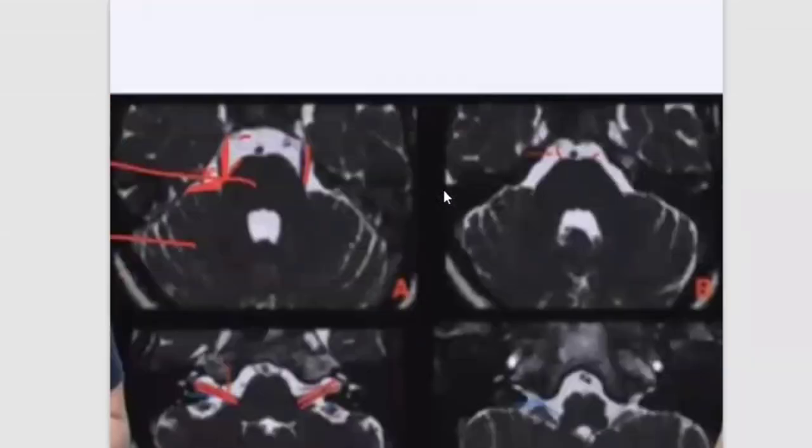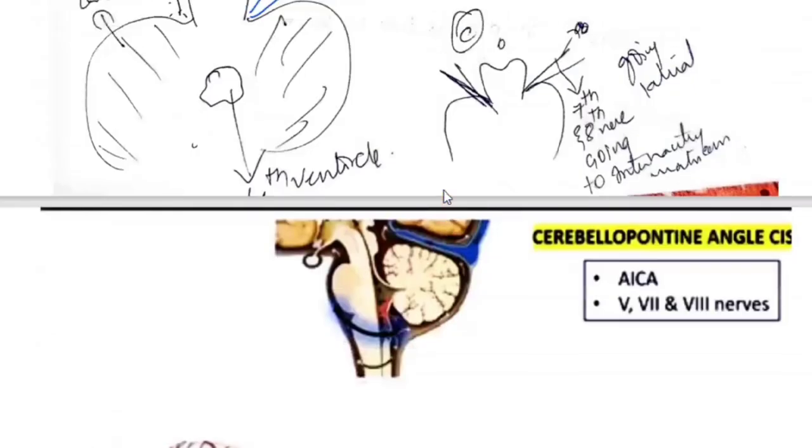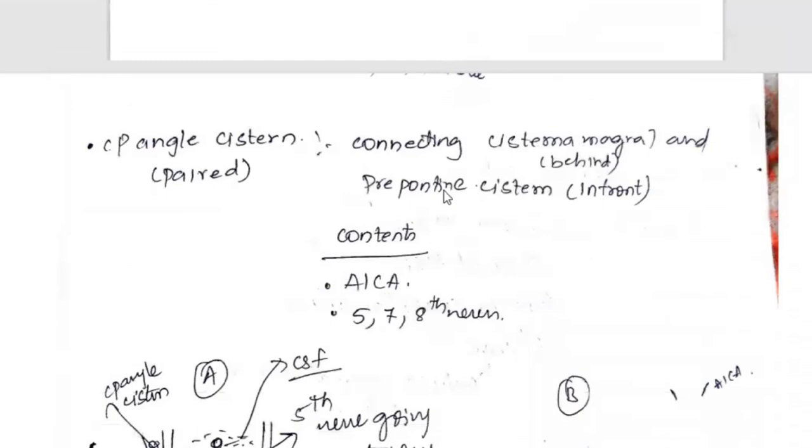I told you now, but for something we'll read back again and you will understand the line. Is there any disease for cisterna magna, ma'am? Related to cisterna magna, there will be basilar invagination, Arnold Chiari malformations and all.